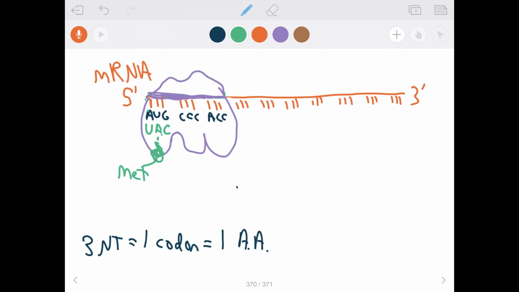Now, it still triggers more tRNA to show up. All right, the next one is CCC. Well, the anticodon is GGG, right? tRNA has a weird structure, brings the next correct amino acid, and then they are covalently bound together. So a covalent bond forms between them. This third one, it's ACC, so it's UGG, has its weird structure, and the next amino acid.